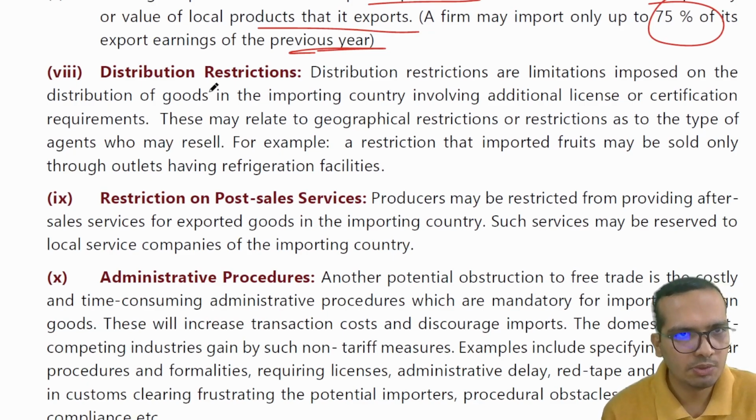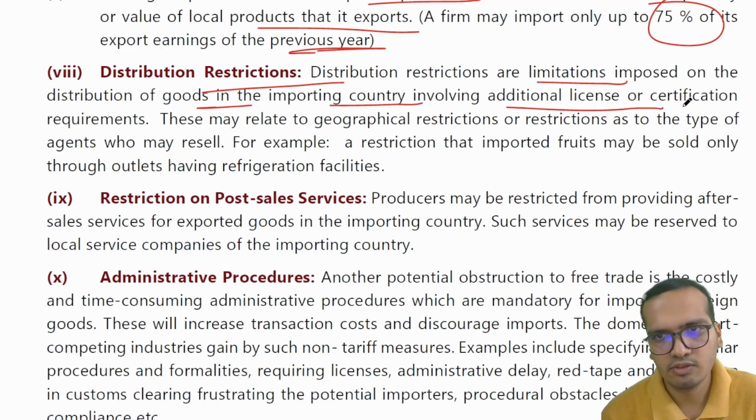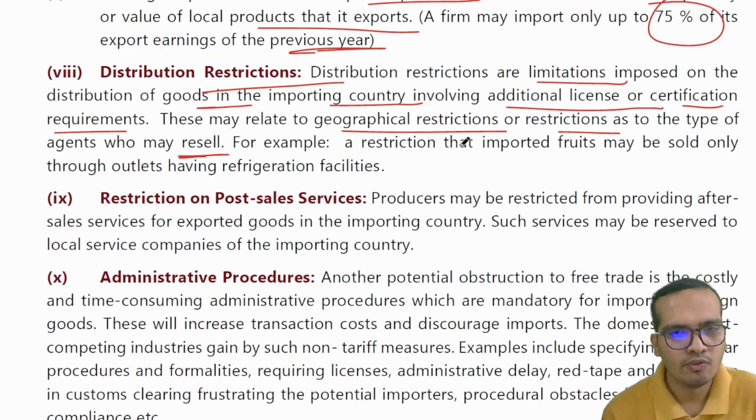Then we have distribution restrictions. So distribution restrictions are limitations imposed on the distribution of goods in an importing country involving additional licenses or certification requirements. These may relate to geographical restrictions or restrictions as to the type of agents who may resell. For example, a restriction that imported fruits may be sold only through outlets having refrigeration facilities.